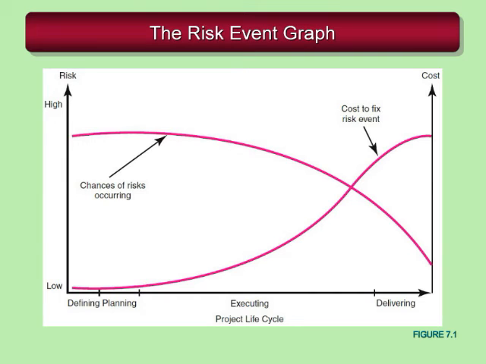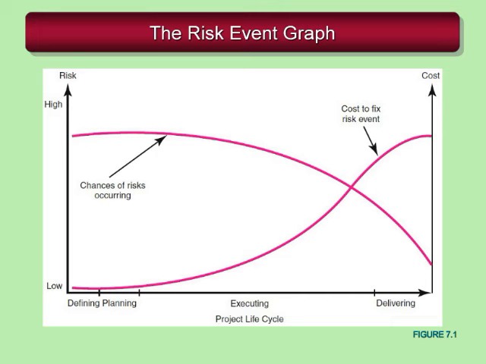Again, from the videos you saw earlier, as we go through the project life cycle, the chances of risks occurring decrease over time, but the cost and impact of those events, in the case those events actually take place, tend to rise. In the risk event of the demolition of that building in the UK, it's pretty clear that something happened near the end of the executing phase of the project that's going to cost a lot of money to fix.